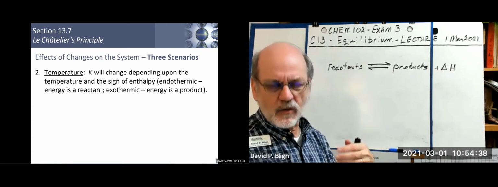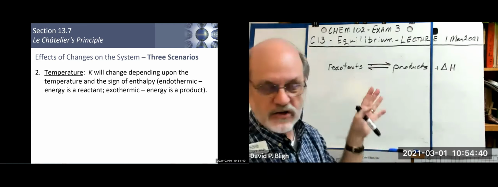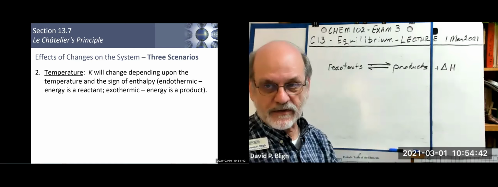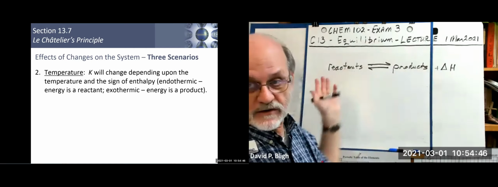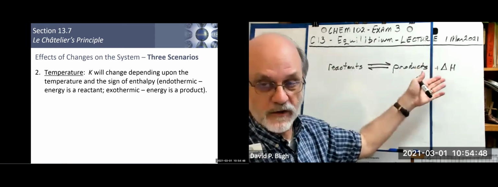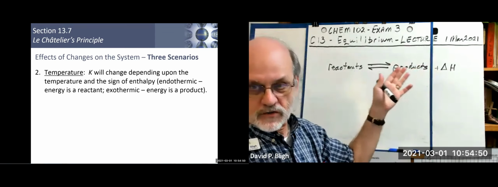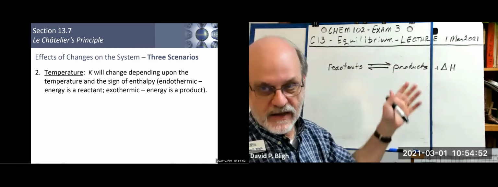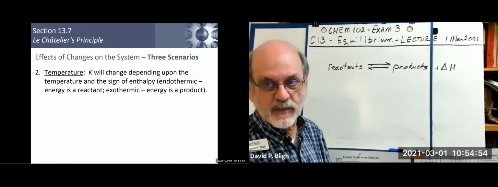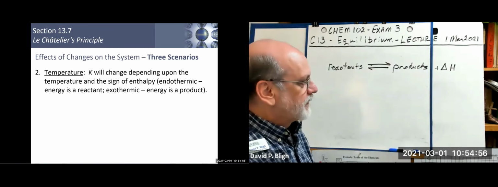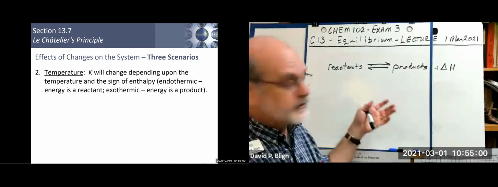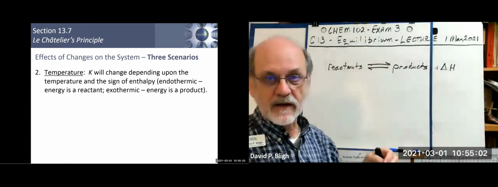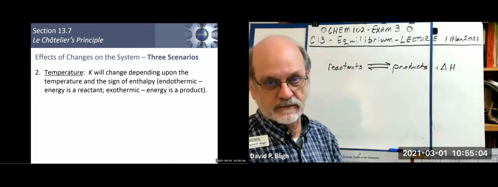Now that's a convenient way to look at the situation, but what actually happens is in each one of these different types, the endothermic versus the exothermic, you're changing the K value. The K depends upon temperature. But this is a convenient way to look at the reaction so that you can make predictions.